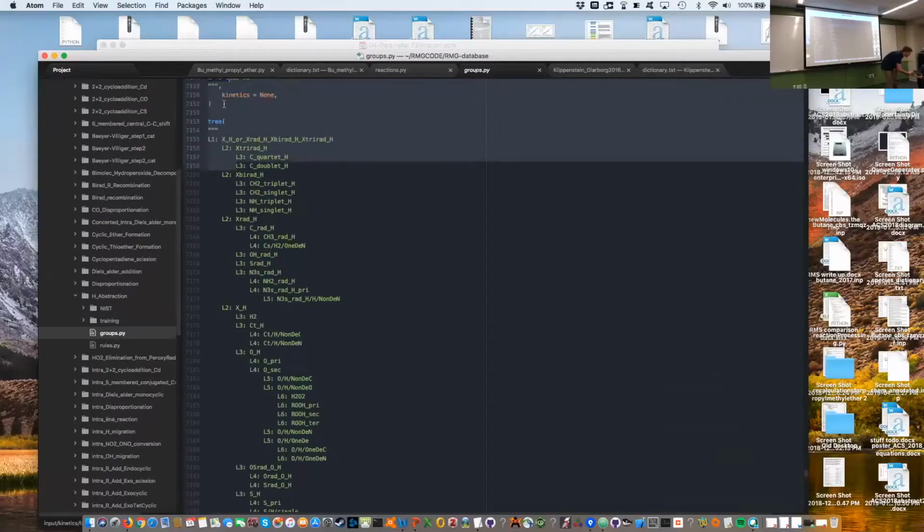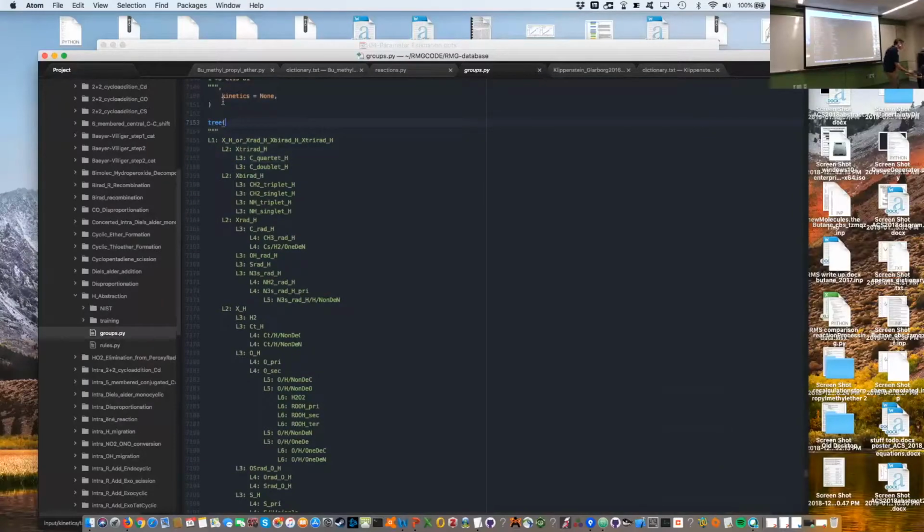Each of the groups defined above in this file will have a coordinate here. So here's the X bonded to the H that's being abstracted. This is the tree for that.